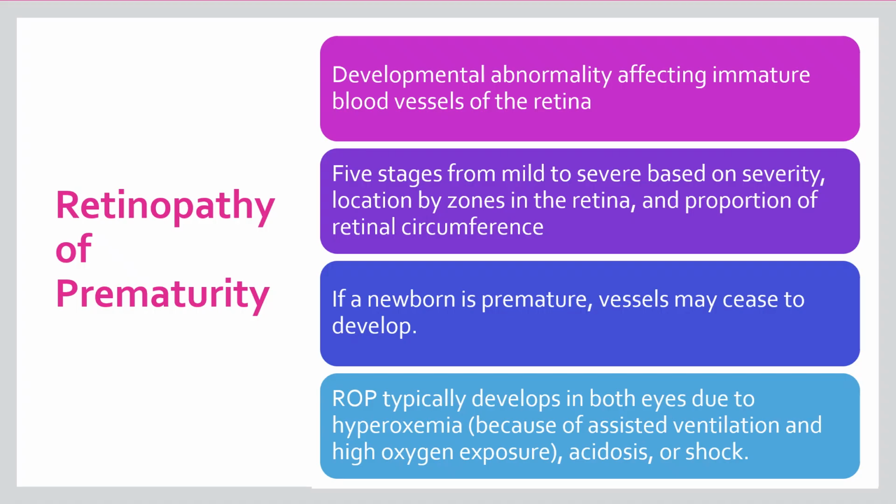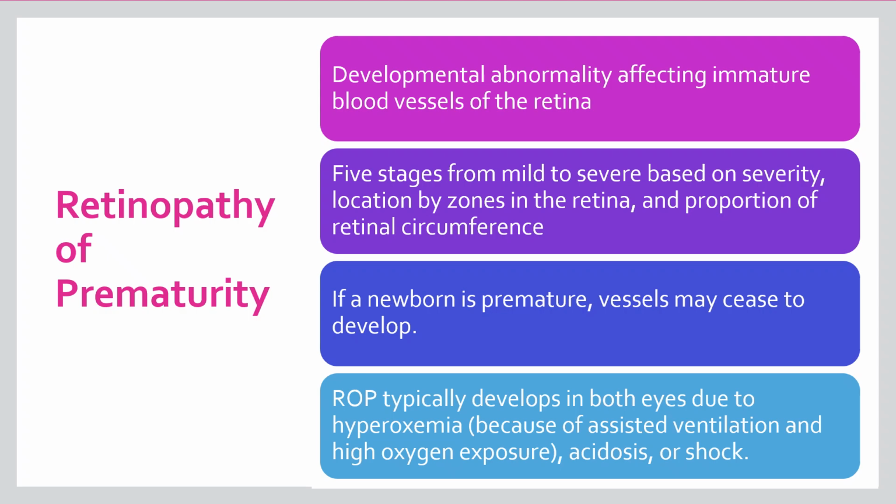This affects the retina of the baby because of the immature blood vessels in the retina. Severe cases can lead to retinal detachment also. If a newborn is premature, vessels may cease to develop, so once the baby is premature, the vessels don't develop anymore.